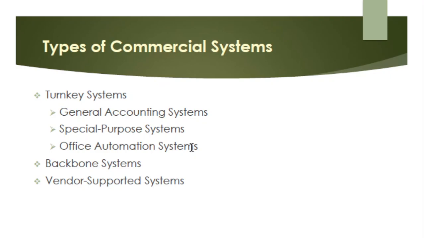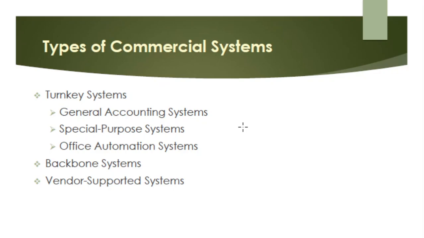So under the turnkey systems, these are systems that are completely finished and tested systems that are already ready for implementation. So these are often general purpose systems or systems customized to a specific industry. Now, turnkey systems are usually sold only as compiled program modules, and users have limited ability to customize them to their specific needs.